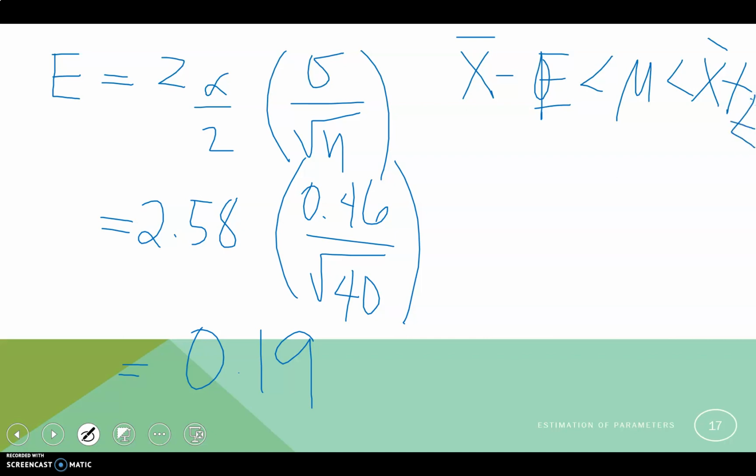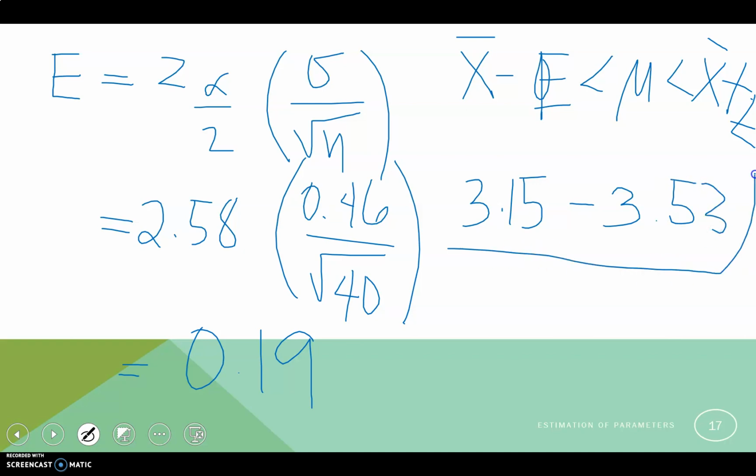That would be 3.15 to 3.53. So, mao na ni siya karon ang ato ang interval. Yes, so we can say with 99% confidence that the interval between 3.15 and 3.53 contains the true mean GPA of the population based on the sample GPA sa mga 40 ka mosulod pagka mathematics majors.